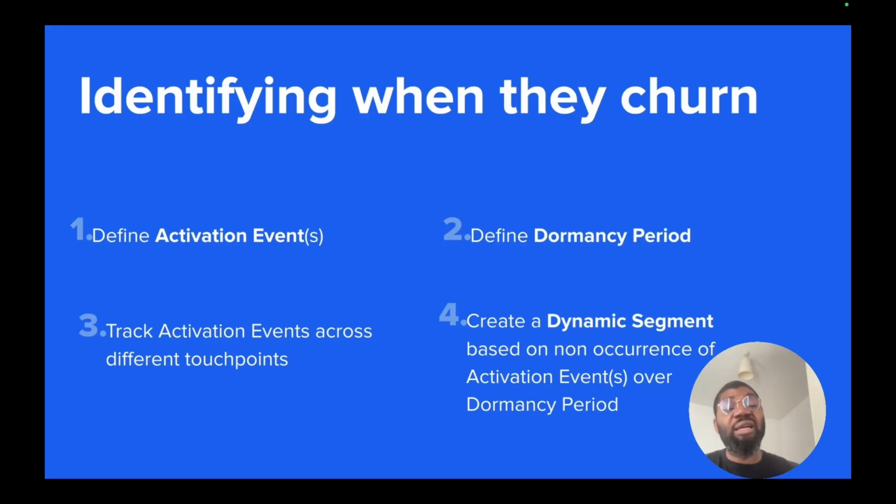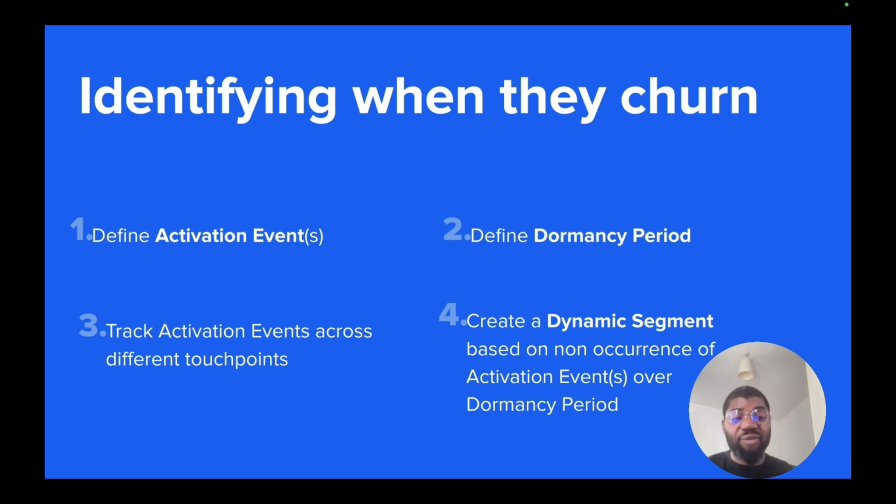I'll give another example. If you look at a movie streaming app, Netflix, for example, an activation event would be watching a movie. Whatever other events you're tracking, login, sign-ups, rating a movie, searching a movie, and all of that, the core event that tells you users are actually doing what you expect them to do would be watching a movie.